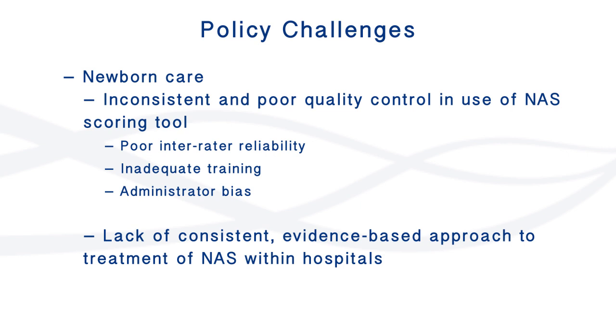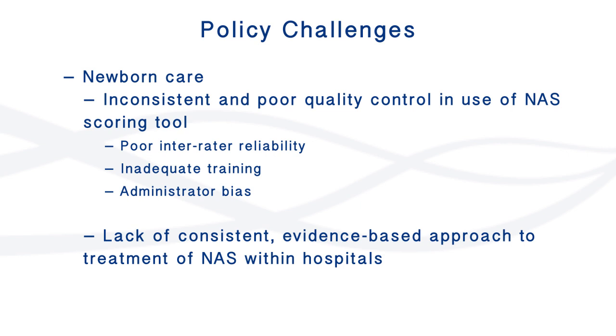But unfortunately, first of all, we find that the score, which was developed only to assess neonatal abstinence from opiates, is being used for babies exposed to methamphetamine, to cocaine, to marijuana, and it is not validated in that way and is of very little use clinically. It is to be used only for babies exposed to opiates.